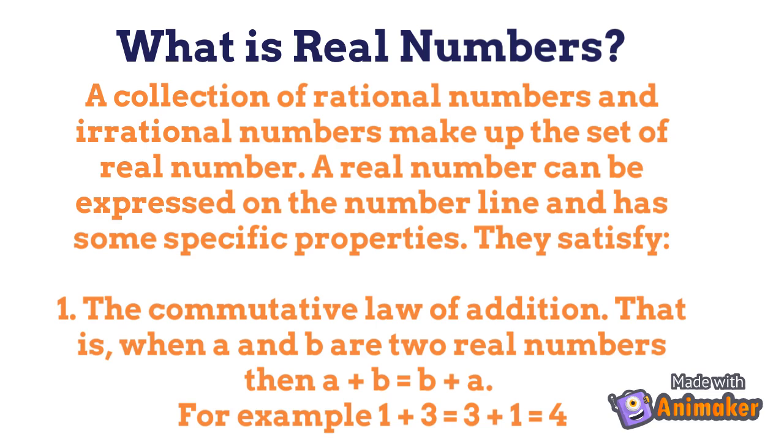In the commutative law of addition, suppose a and b are two real numbers, and a plus b equals b plus a. That means whatever result comes from a plus b, the same result would come with the help of b plus a. An example is given here: 1 plus 3 equals 3 plus 1 equals 4.